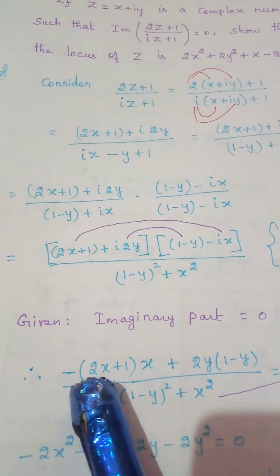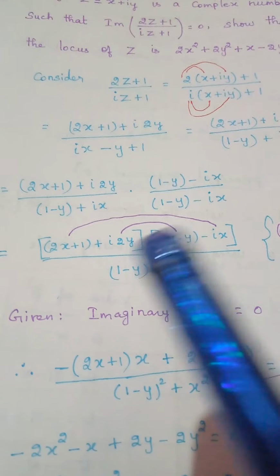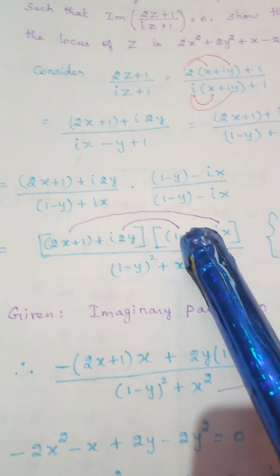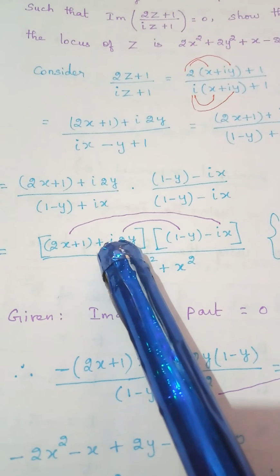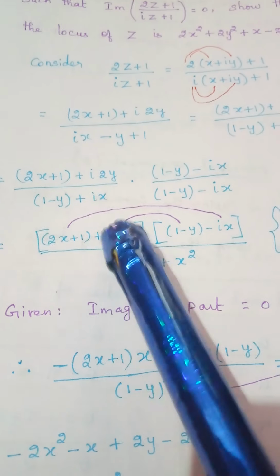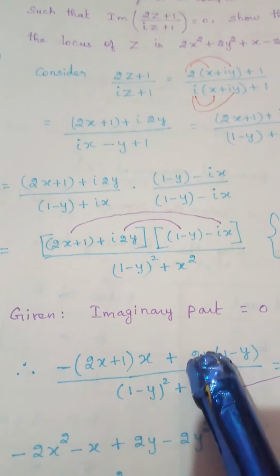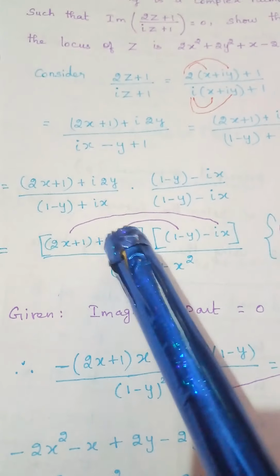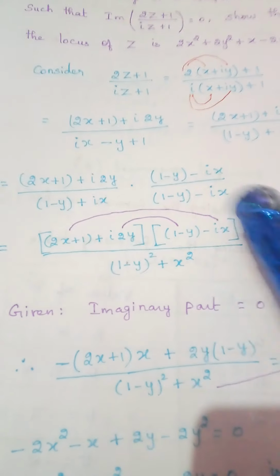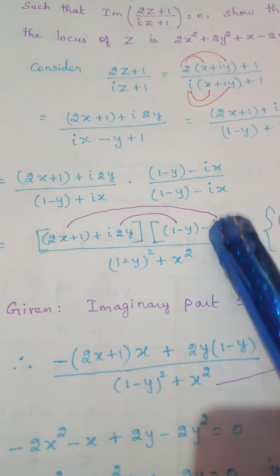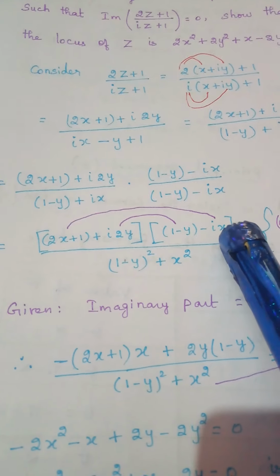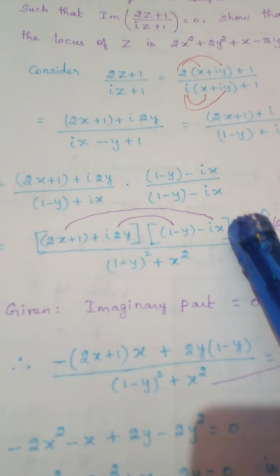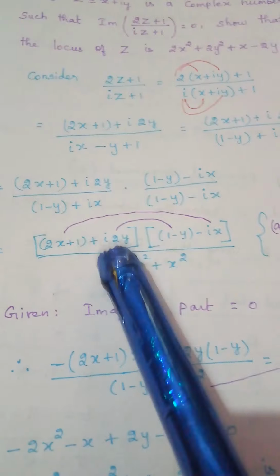So minus x into 2x plus 1, I am writing. Second term to third term, i is present, so imaginary part. Leave i, balance is 2y into 1 minus y, that I am writing here. If I take second term to fourth term, what happens? Both have i, i into i becomes i square, so it becomes minus 1, so it will come in the real part.